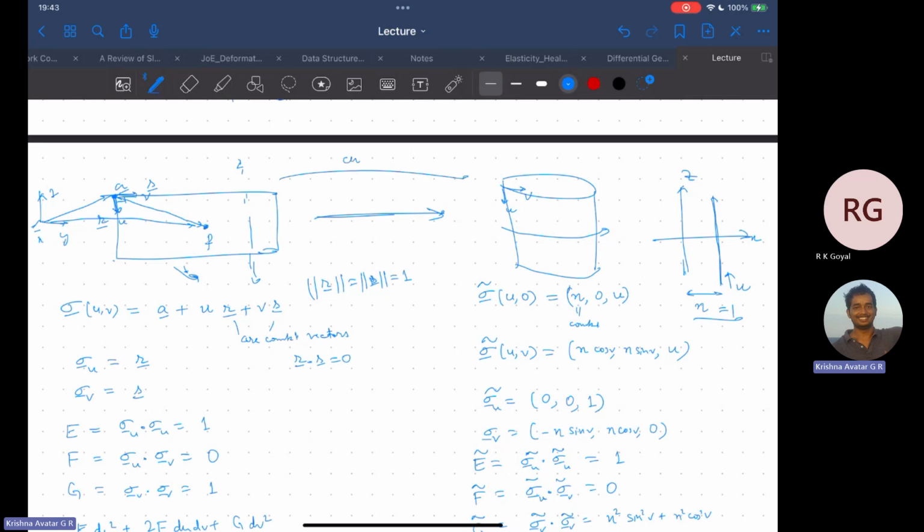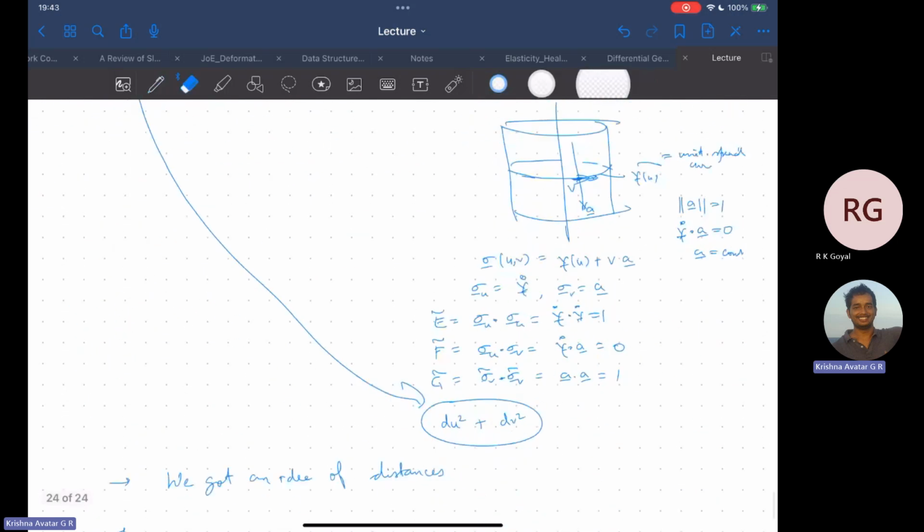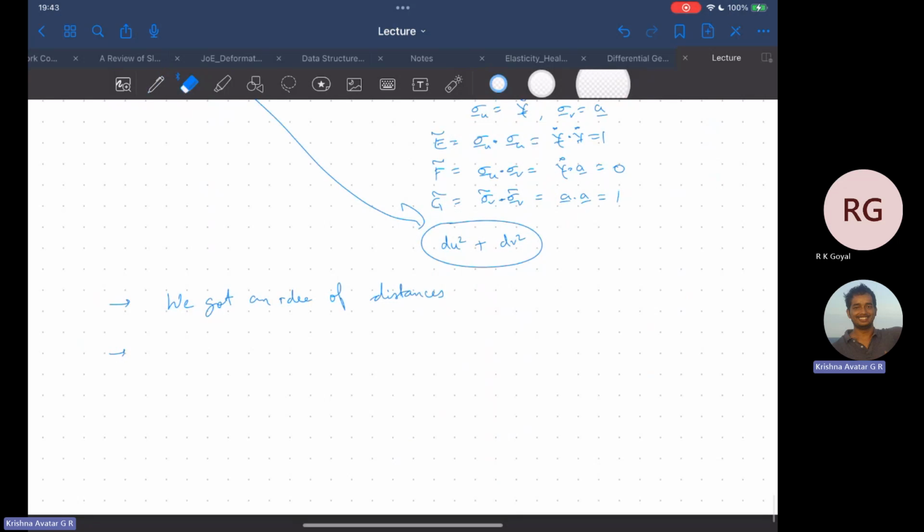We introduce curvature into this surface. However, that is never captured in the first fundamental form, right? So curvature is not captured using the first fundamental form.